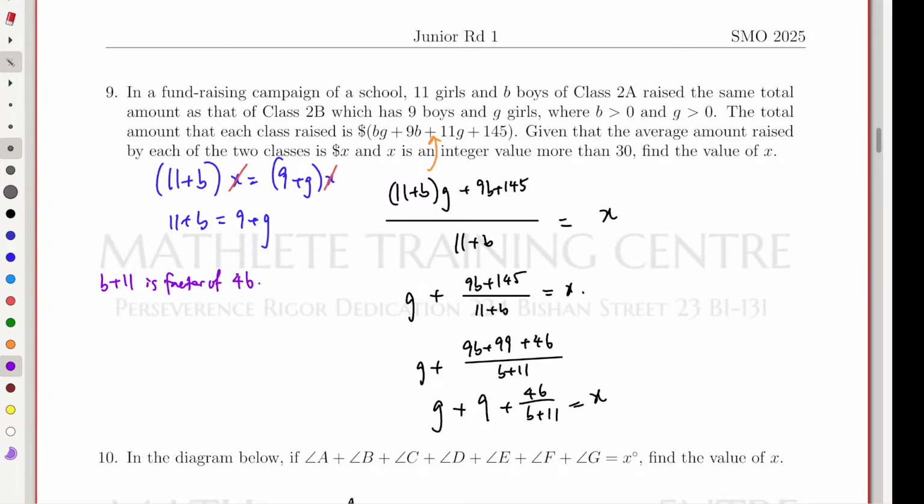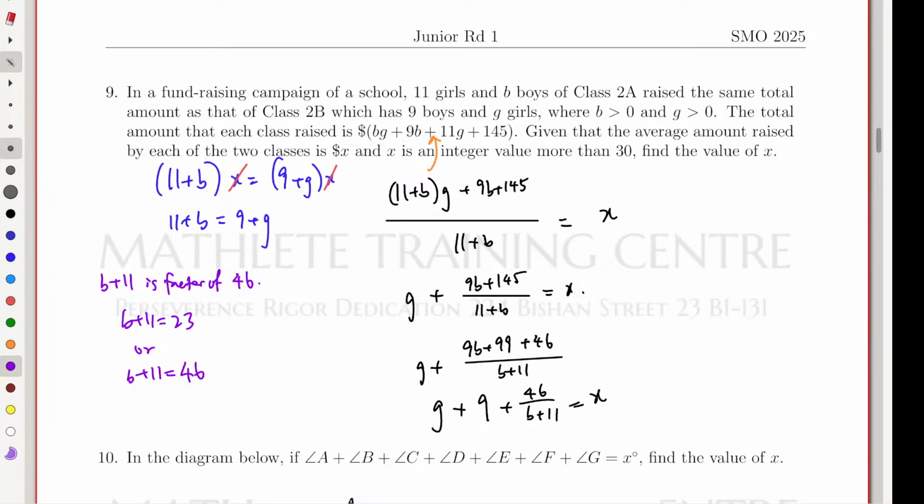So there are only two factors of 46 which are bigger than 11, right? So it's either going to be b plus 11 equals 23 or b plus 11 equals 46. Which one is it? If you try the very first one, b plus 11 equals 23, you have a trouble.